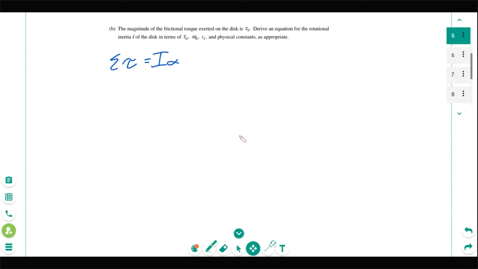We're also going to pull in the fact that alpha equals the change in omega over T. So this would mean that my torque, tau naught, is equal to I times my change in omega, which is really just omega, if we're being really exact here, negative omega naught over T. So the moment of inertia is the torque times the time over the initial velocity.